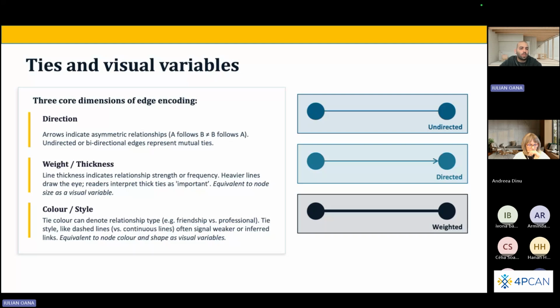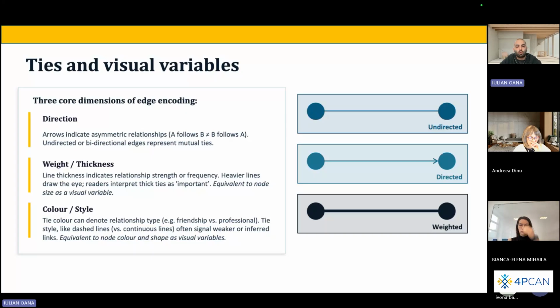Also, we can talk about color or style. So we can color lines by relationship ties, or, as we did with nodes, talking about shapes, we can talk about various styles of lines, like dashed lines versus continuous lines, various forms of dashed lines like interrupted lines or dotted lines.